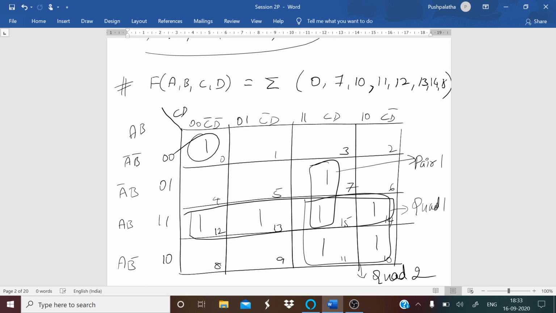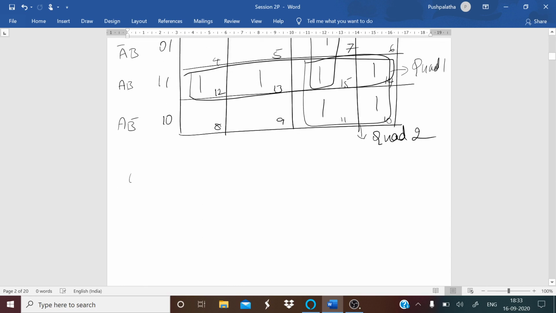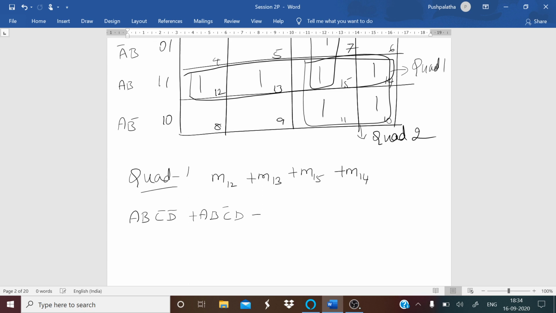Okay, so now let us solve. What is your quad 1? That is M12 plus M13 plus M15 plus M14. That is A B C bar D bar plus A B C bar D plus A B C D plus A B C D bar.